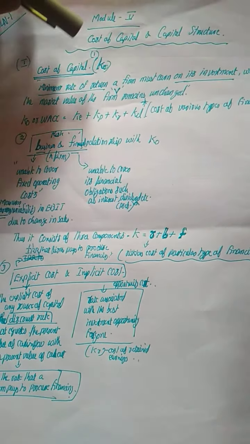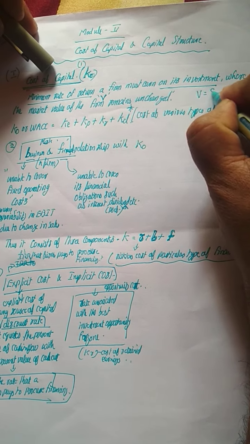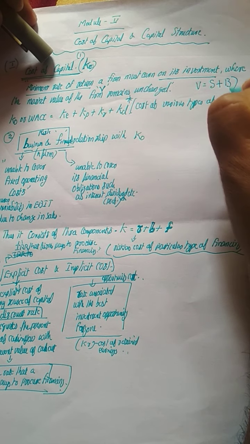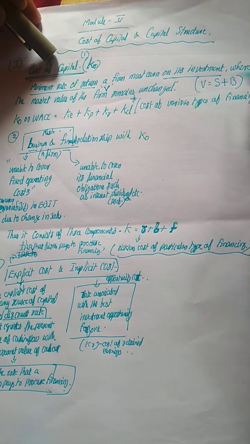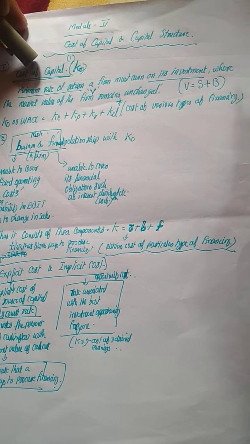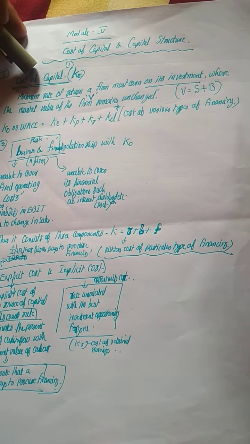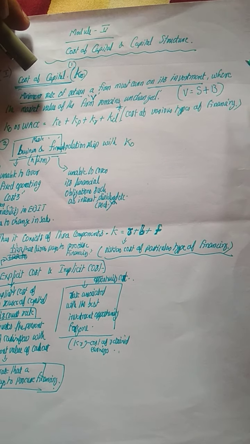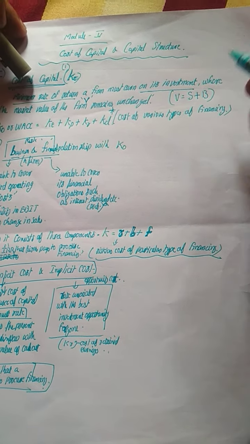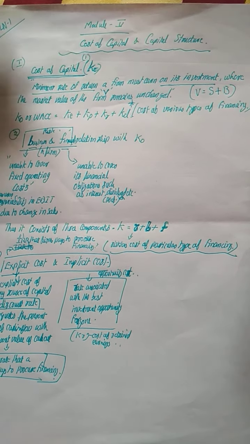Value of the firm we had already studied. What is that V? We had studied the V as S plus B. Now in capital structure we had studied this in detail while applying NI approach, net income and net operating income approach of David Durant, and similarly we had studied V, value of the firm.